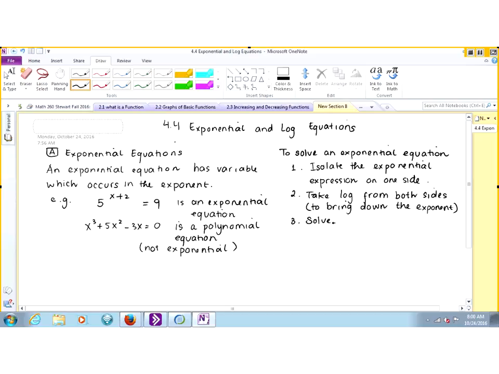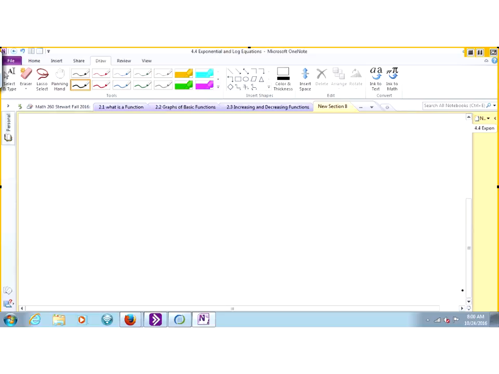So we're going to solve the first one, 5 raised to the x plus 2 is equal to 9. Okay, so solve.